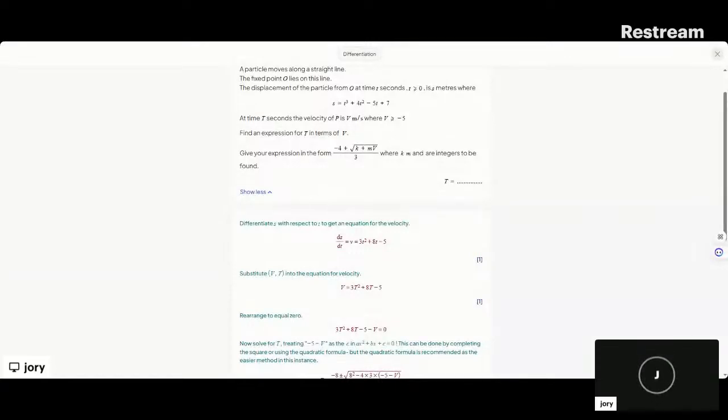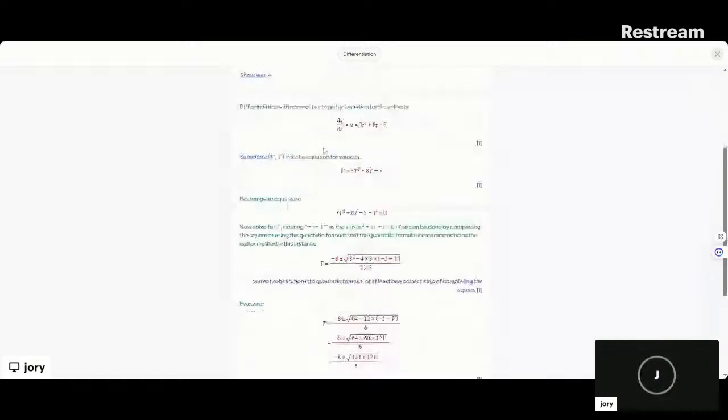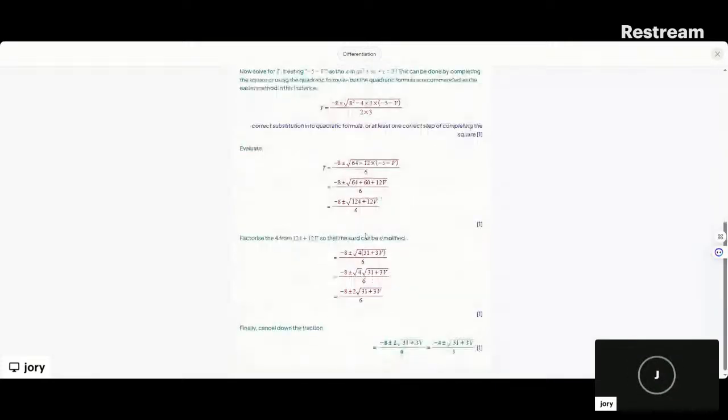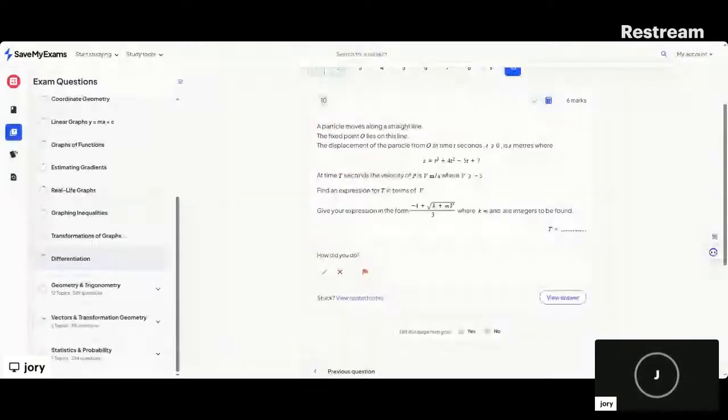So substitute v and t into the equation for velocity, rearrange, t equals 0. Substitute into the quadratic equation. Cancel down. Let's try that. Need blank paper. I guess it's gonna work.